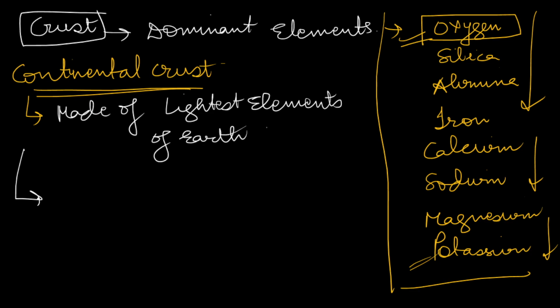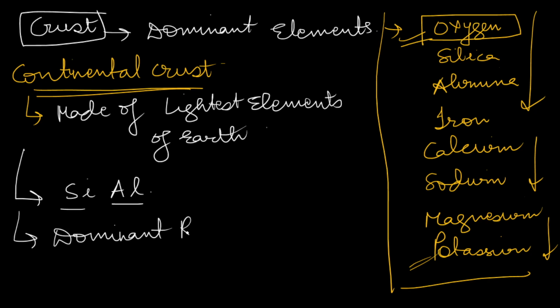This is also known as Sial layer, that is rich in silica and alumina. Then there are various dominant rocks present in this layer. The dominant rocks are granite and rhyolite.